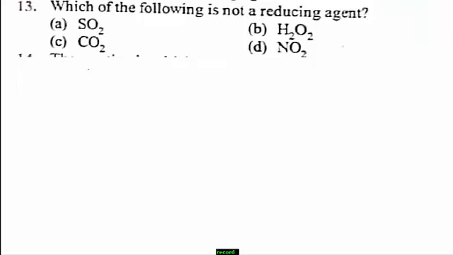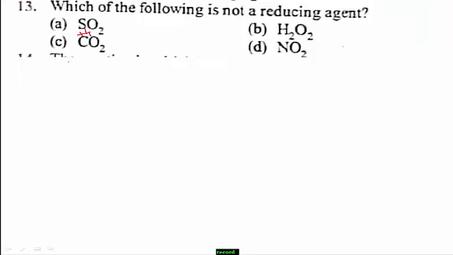Students, in CO2, remember, the oxidation number of carbon is +4, and it can act as an oxidizing agent, right?